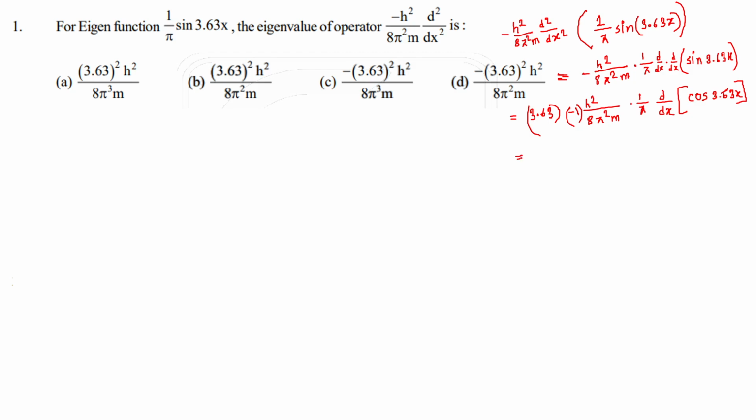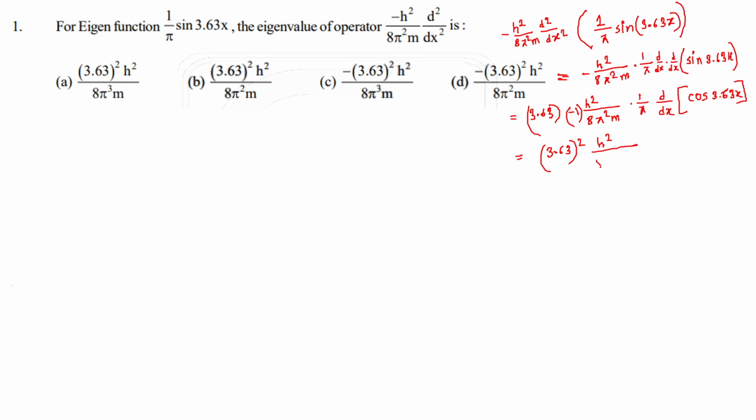So I am going to have a minus 1. I already have a minus 1 and a minus 1 I'm going to get, so minus minus will be positive. But the constant term that will eventually come up, that is also going to be 3.63. So I'll take a square of that.